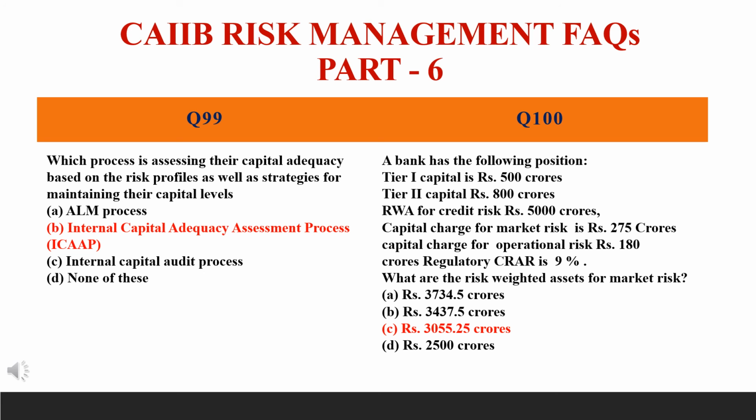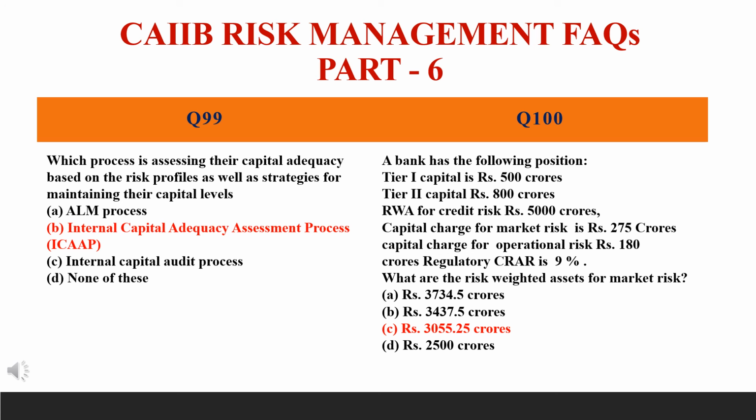What are the risk-weighted assets for market risk? Four options they have given us. So we need to find out the RWA for market risk. Before looking at the answer, see how to solve. The capital charge for market risk they have mentioned is 275 crores.